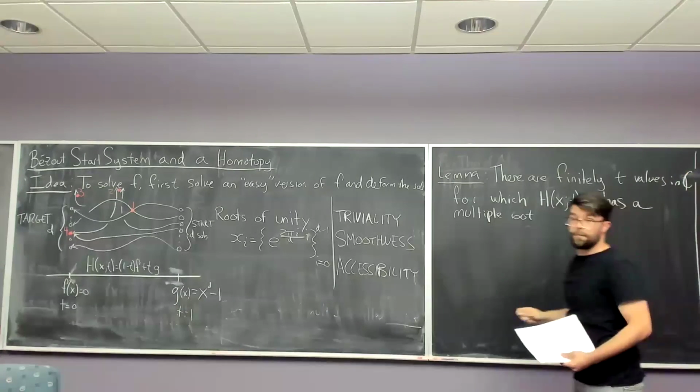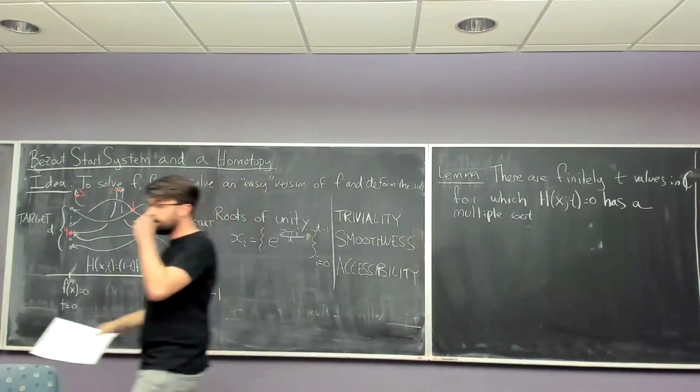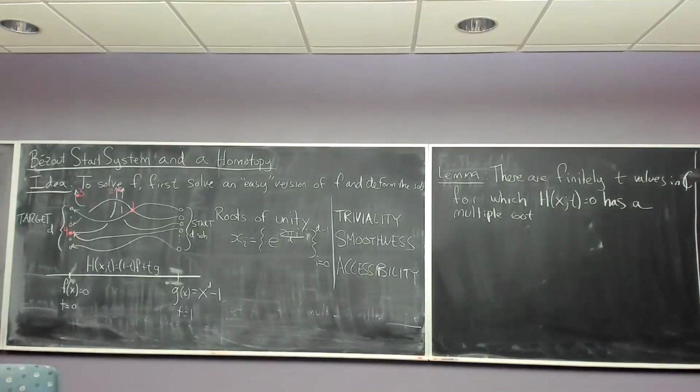This is in C. There are finitely many t-values where if we plug t in, we get some polynomial in one variable, and that polynomial has multiple roots.